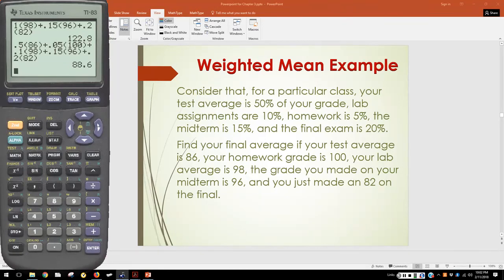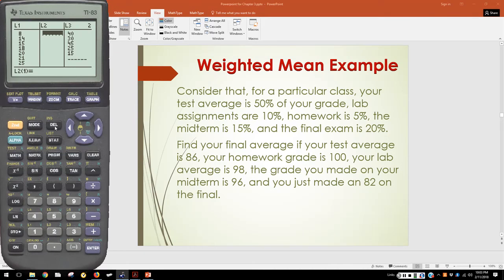Now there is an easier way to do this, and I'm going to show you the easier way to do this. You go back to your Stat button, and you go to your Edit button, and over in List 2, which I'm going to delete all the values out, I'm going to type in your grades.